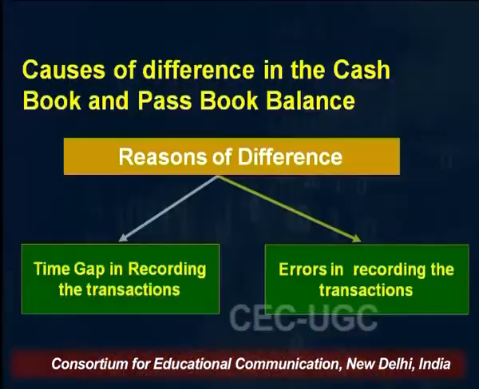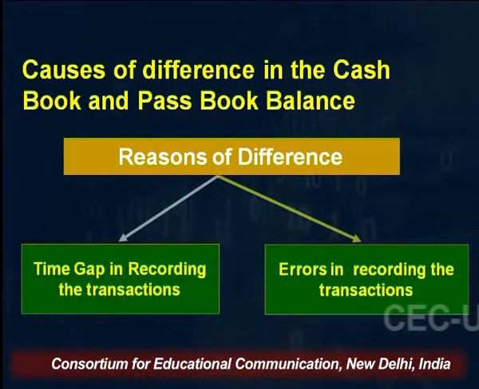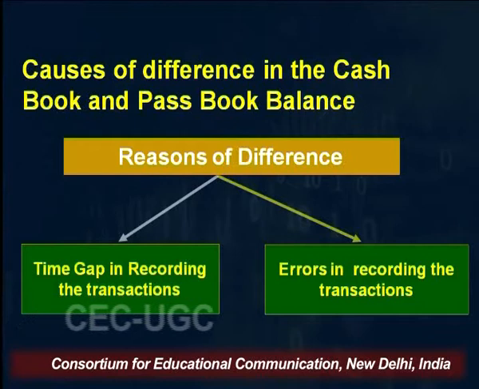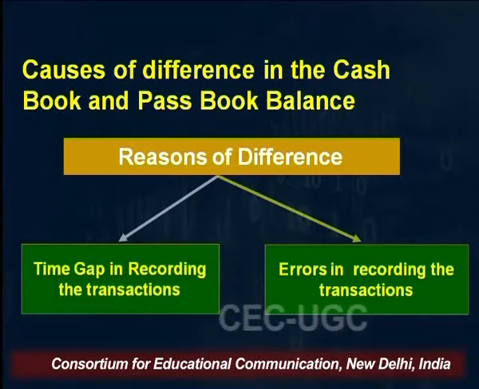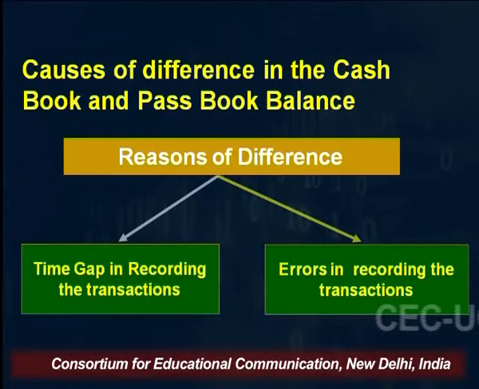There are basically two reasons for the differences between the cash book and passbook. The first is that there is a time gap in recording the transaction. For example, we have recorded a check in our cash book, but that has not been submitted for payment into the bank, and has not been recorded by our bank, so there is no entry shown in the passbook.